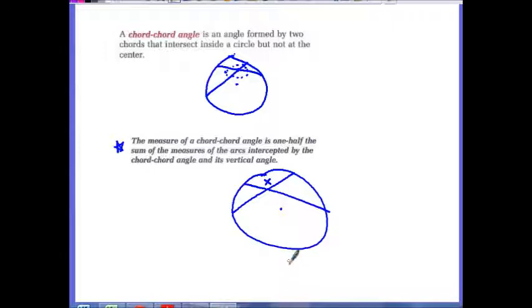Let's say this arc right here is 170 degrees, and let's say that this arc right here is 22 degrees. In order to find out what this chord angle is, it's going to be 1/2 the sum of its arc and its vertical angle's arc. That's going to give me 1/2 of 192, which is going to end up giving me 96 degrees.